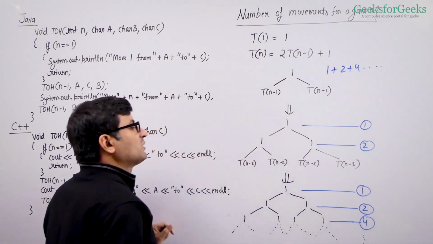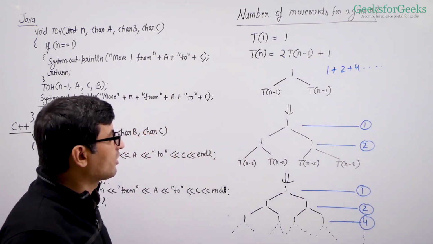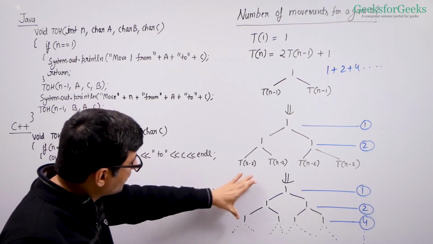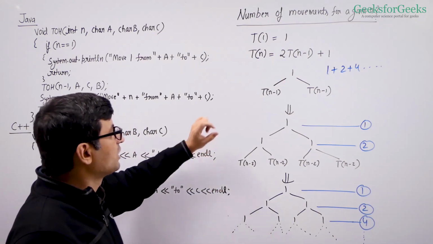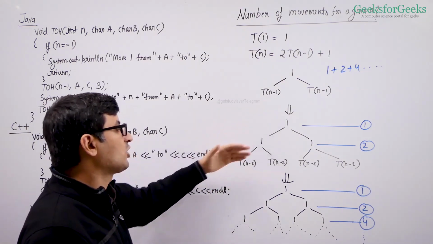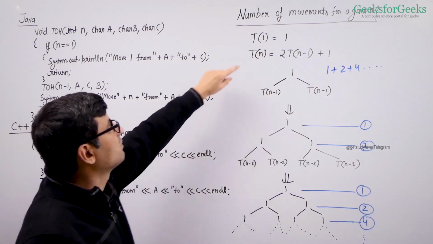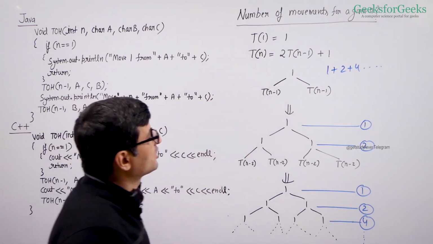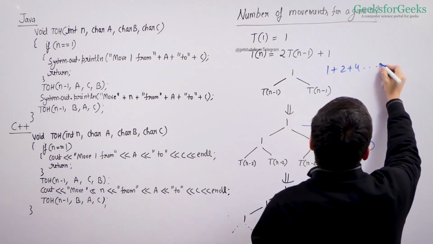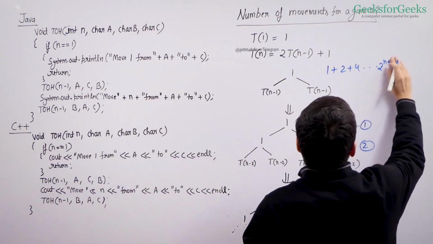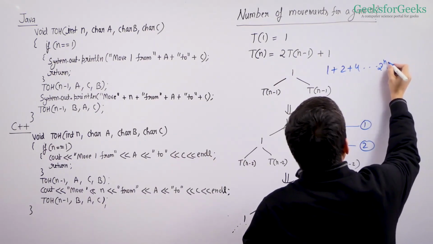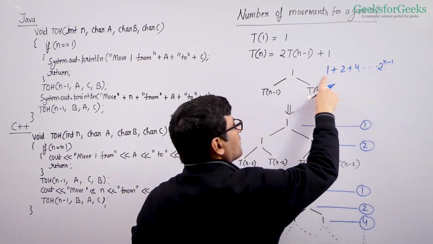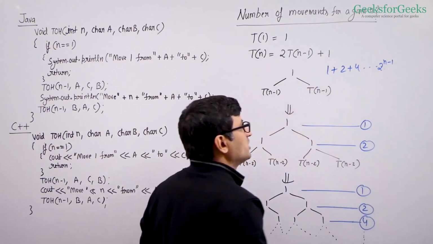And what will be the last term of the series? If you see, for n equal to 3 you will have 3 terms. For n equal to 2, you will have 2 terms because you will stop at n equal to 1. You have a base case for n equal to 1. So our last term is going to be 2 raised to the power n minus 1. We are going to have n terms with the first term as 2 raised to the power 0 and the last term as 2 raised to the power n-1.